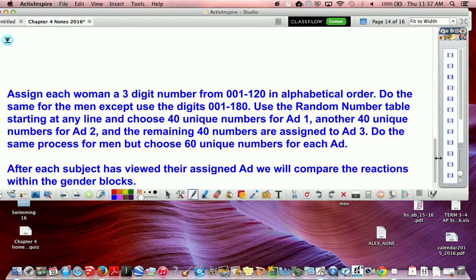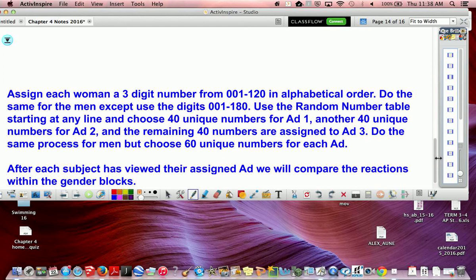So again, here I'm using the random number table. It's not the only way. But if you see a problem that has random numbers on it, or part of the random number table with it, use the random number table in your description. So here I'm going to assign each woman a 3-digit number from 001 to 120. Do the same thing for men, except I'm going to use the digits 001 through 180.